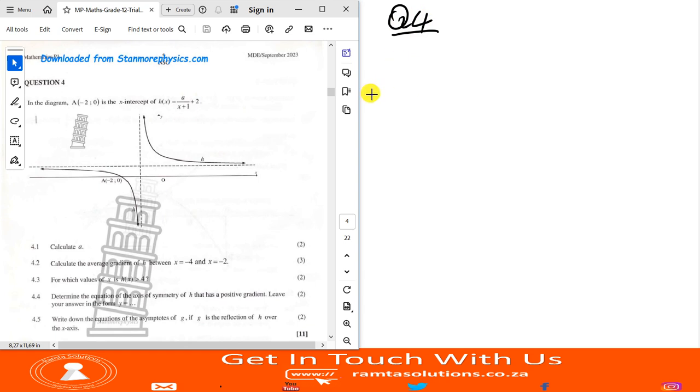So we have the form h of x equals a over x plus 1 plus 2. What we are seeing here is that we expect the value of a to be positive, because guys, remember, when a is positive, our function is like this.